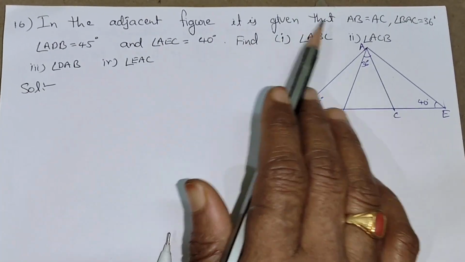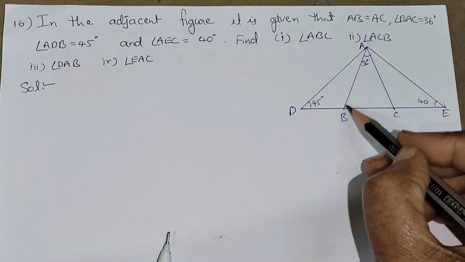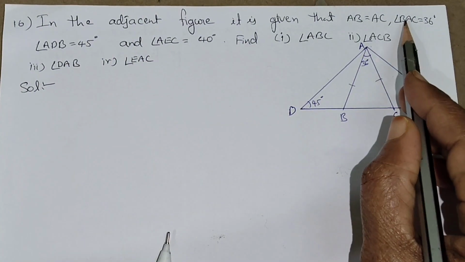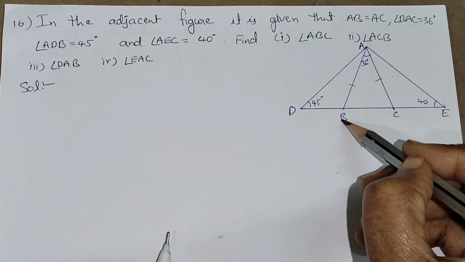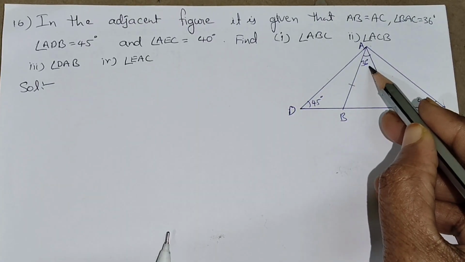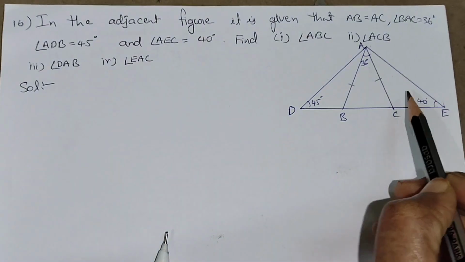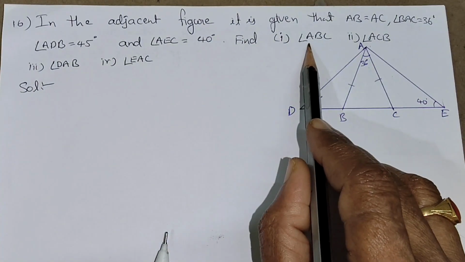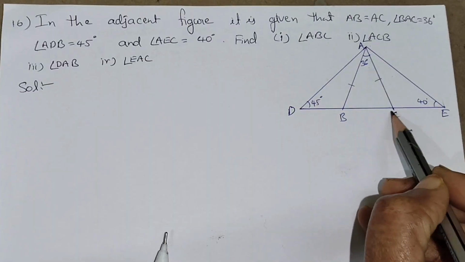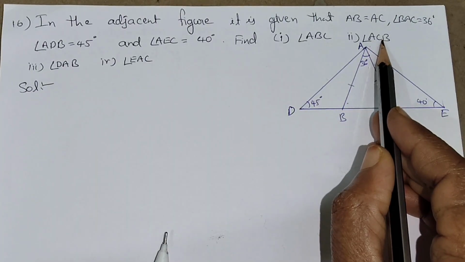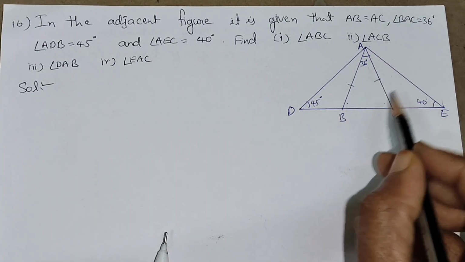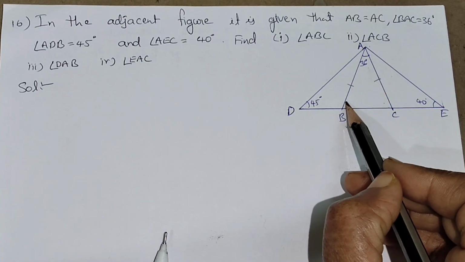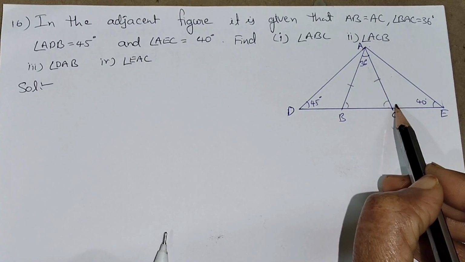In the adjacent figure, it is given that AB equal to AC. These two sides are equal. So BAC equal to 36 degrees and ADB equal to 45 degrees, AEC equal to 40. First one asking ABC, this angle. Second one ACB. In triangle ABC, these two sides are equal, means these two angles are also equal.